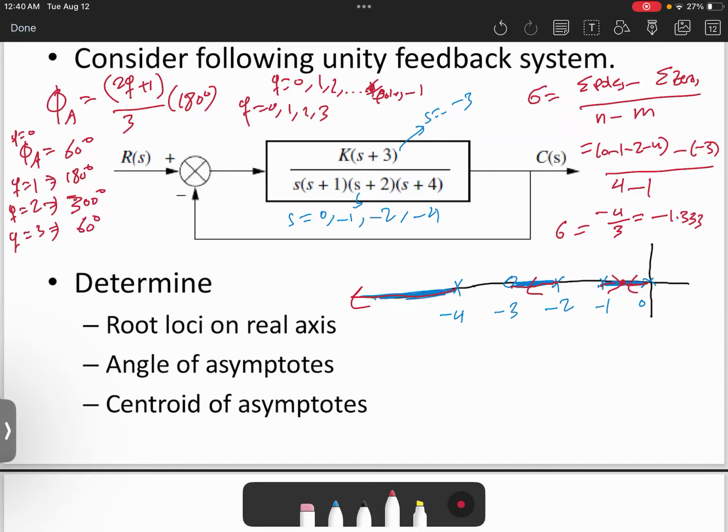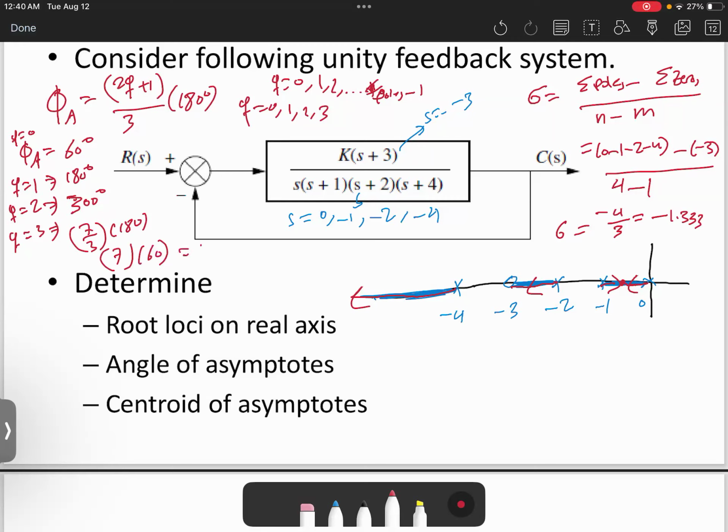So as a result, let's say 2 times 3 is 6, plus 1, 7. Or I would say 7 over 3 times 180.